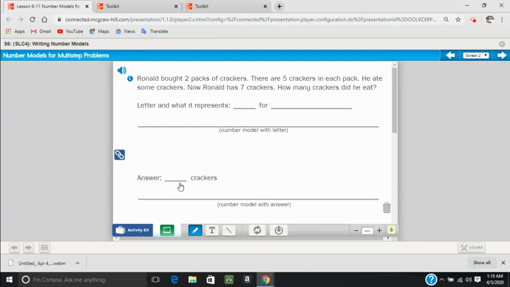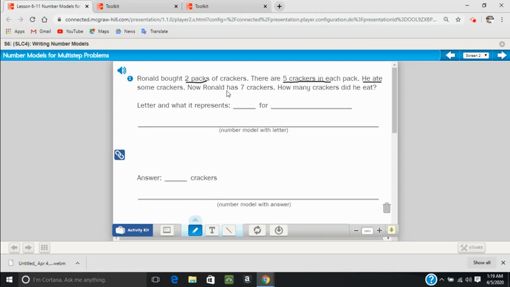Let's start with our routine of underlining, because we've already done the read part. We have 2 packets of crackers with 5 crackers in each. He ate, so we know that we are subtracting some crackers.